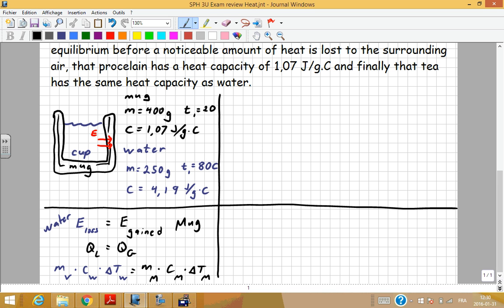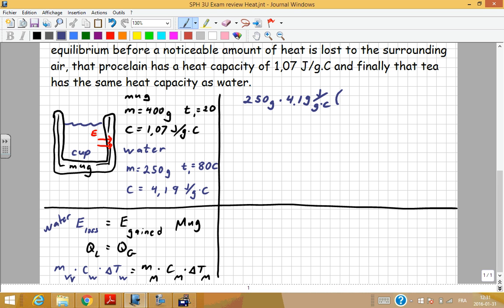Okay, so we'll write this out, everything we know. We know the mass of the water is 250. We know the heat capacity of water is 4.19 joules per gram degree Celsius. Now, the change in temperature, this is interesting.